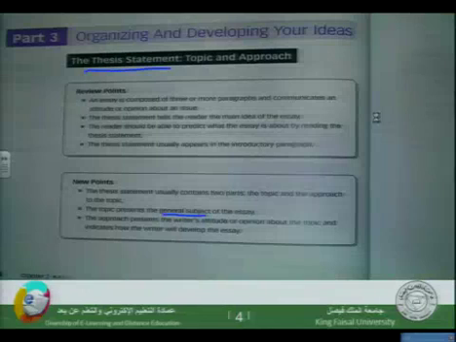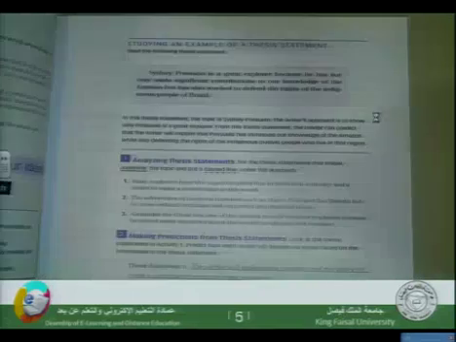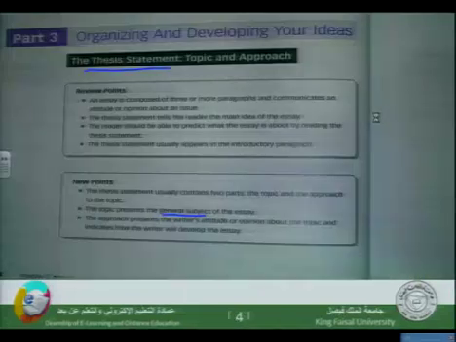and read about the approach: it presents the writer's attitude or opinion about the topic and indicates how the writer will develop the essay. So, the topic is kind of, the approach gives us an idea about the writer's attitude or opinion.